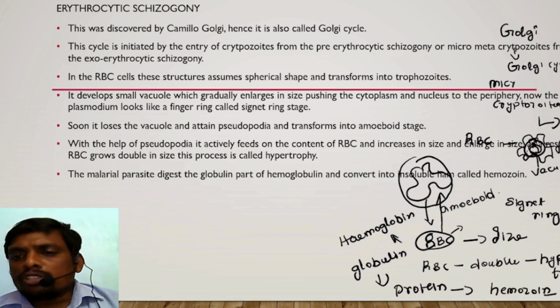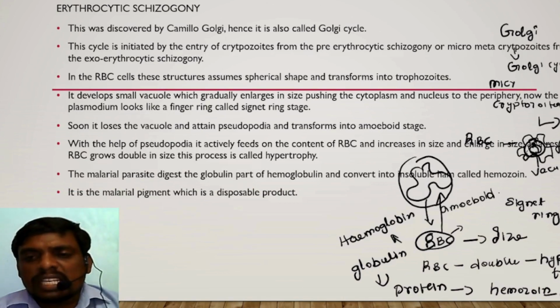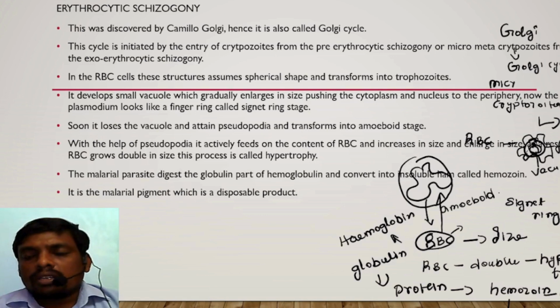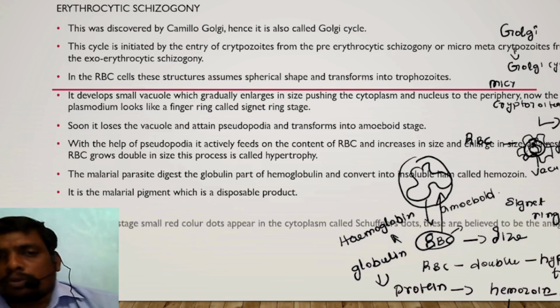Due to hemozoin, you may get a chill fever. The hemozoin is called the malarial pigment, a disposable product. For MSET also they continuously ask what a malarial pigment is. It is definitely hemozoin.